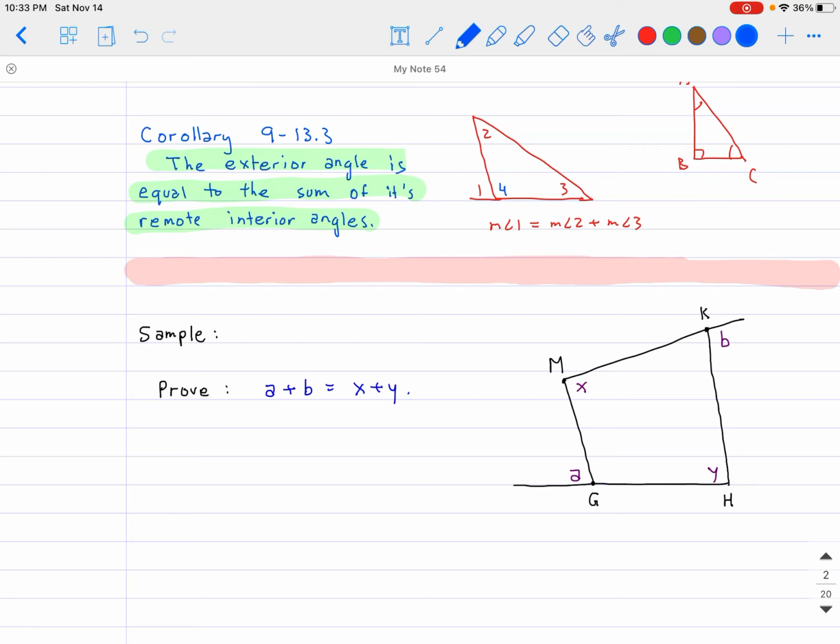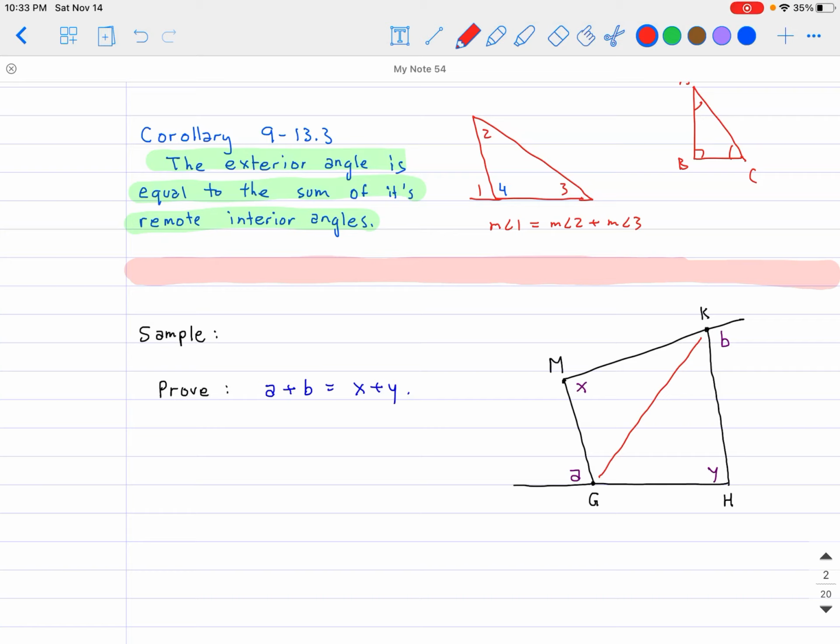Well, if I'm going to use Theorem 9-13, I think what I need to do is maybe introduce some triangles so we can see how that works out. So here, I have two choices. I can probably create GK over here, the segment, or you can create MH over there, the segment.